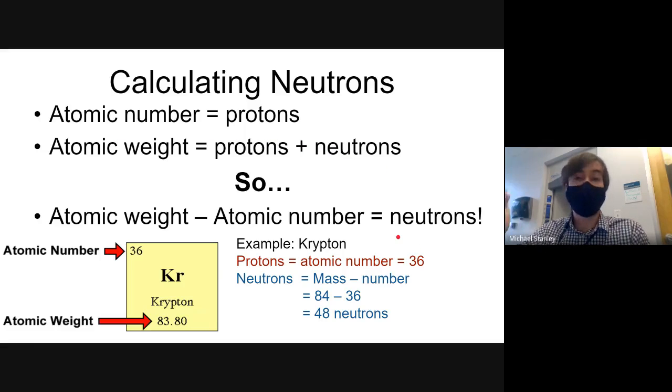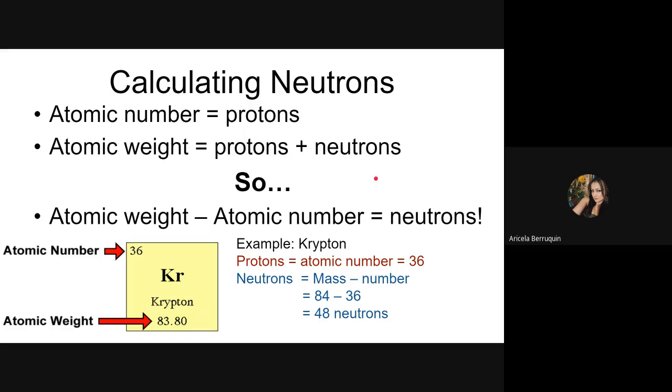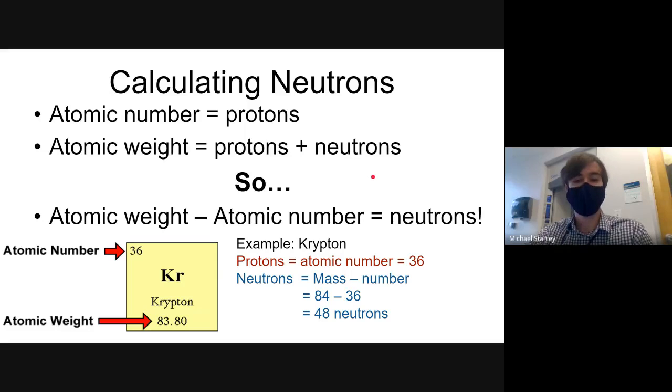All right, so if you ever write down the number of neutrons and you didn't do any subtracting, then you probably did something wrong along the way. So make sure that whenever you're calculating neutrons, you do this very simple subtraction problem. Weight minus number. So weight minus protons would always give you neutrons.